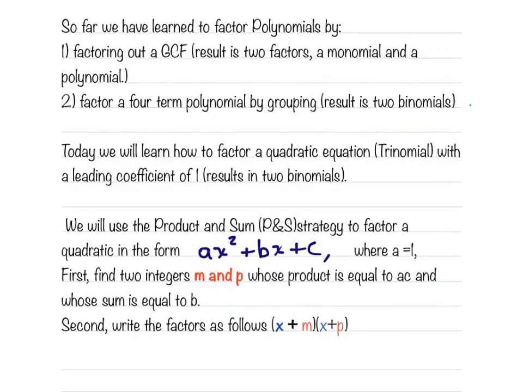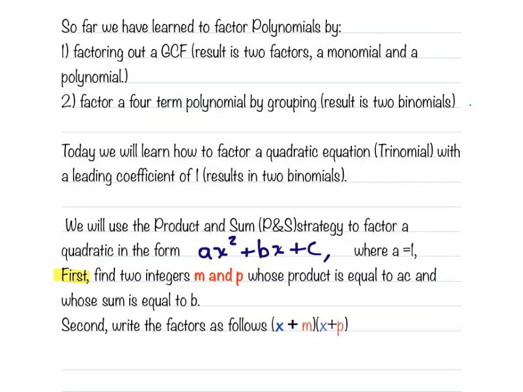We will use the product and sum, or PNS strategy, to factor a quadratic in the form of ax squared plus bx plus c, where a is equal to 1. So here are your steps.